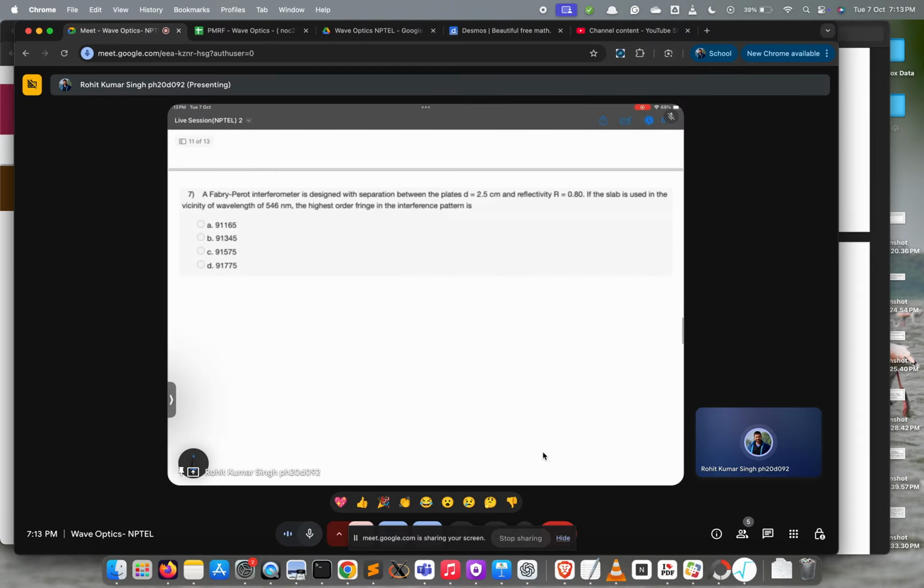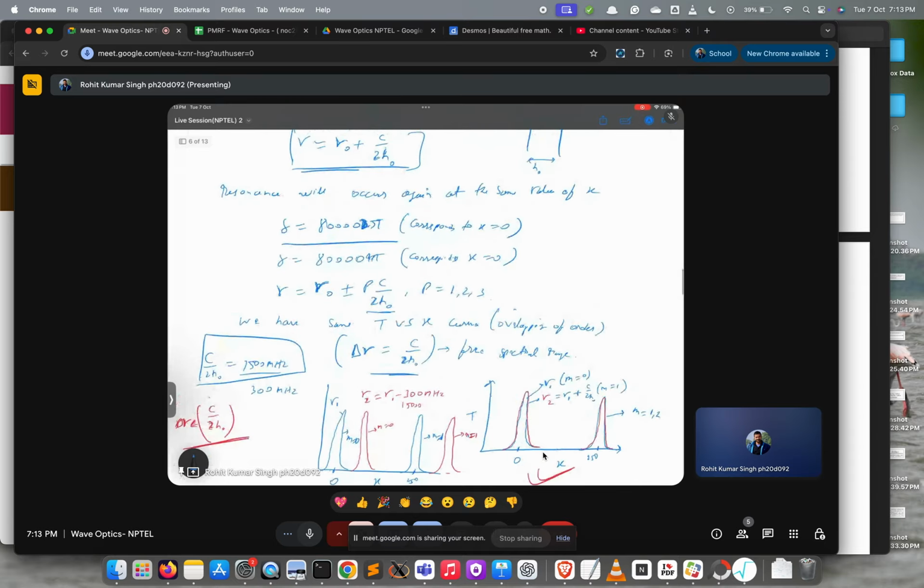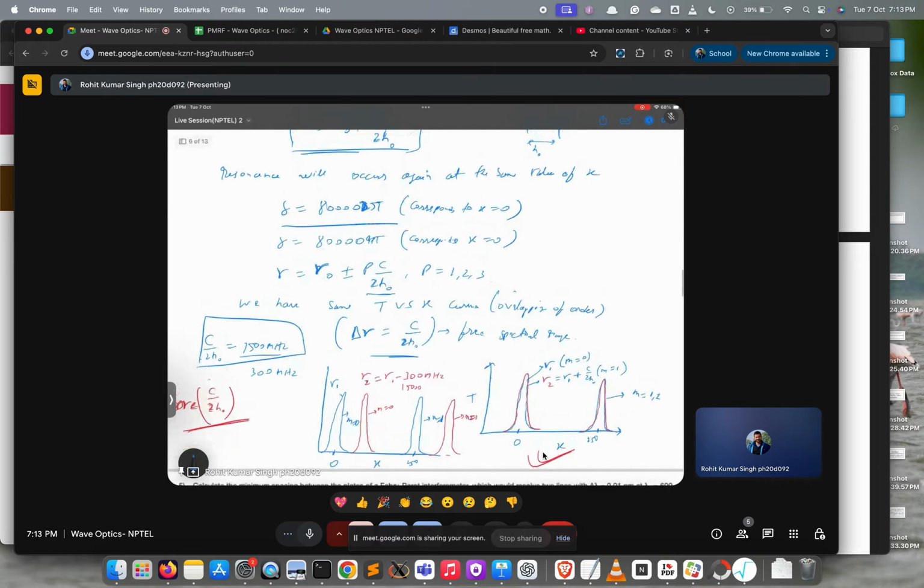So basically the Fabry-Perot interferometer is used to separate the different frequencies of light that are present in the incident beam. They are basically used to resolve different frequencies. Suppose you have sodium light. You know that sodium light has two very closely separated frequencies, right? If you pass it through a Fabry-Perot interferometer, you will get two different peaks, like here, red and blue.